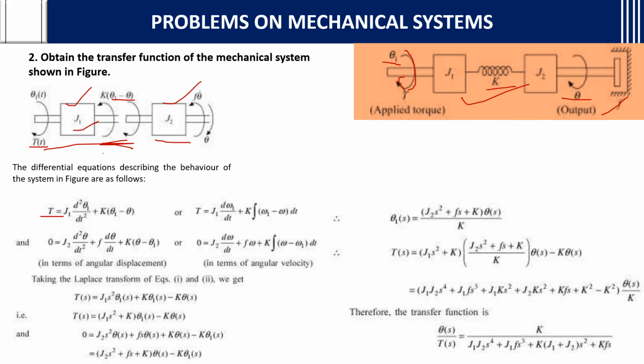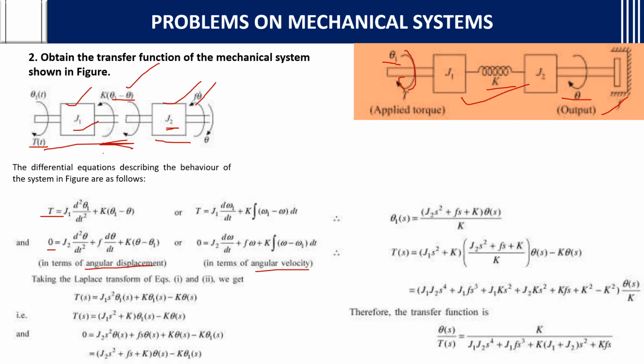Then for J2 there is no torque present, so you will take 0, equal to J2 d square theta by dt square, and for this there is F, so F into d theta by dt, plus there is K, with respect to the two sides the displacement is theta, so K into theta minus theta 1. Again you can write in terms of omega also. Keep in mind what they are telling in terms of angular displacement and angular velocity.